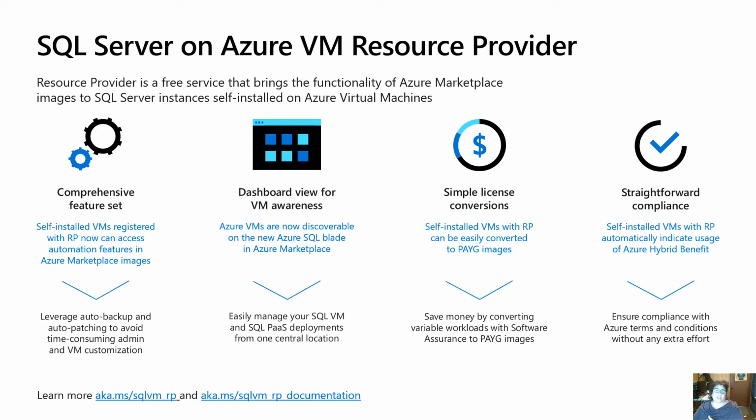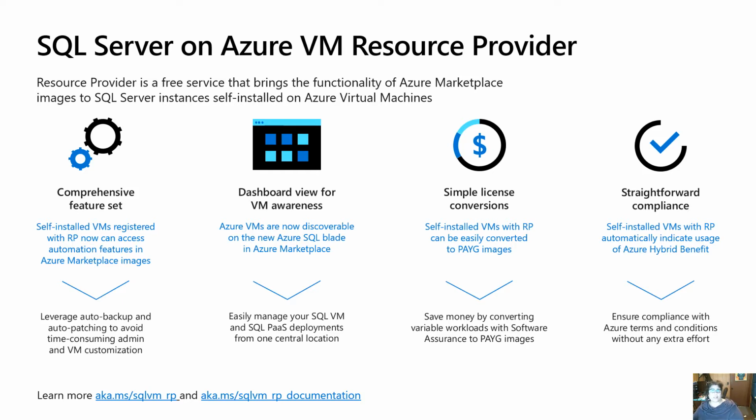So we talked about that Azure Hybrid Benefit. Let's say someone deployed a SQL Server in Azure and they weren't aware of the Azure Hybrid Benefit, and you want to change the licensing from the pay-as-you-go, which would be the normal licensing in Azure VM, to the Azure Hybrid Benefit. How do you do that? If you have this VM registered with the resource provider, then you can make that licensing change on the fly.